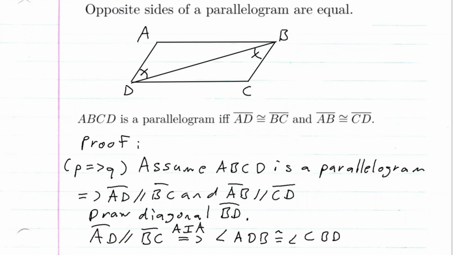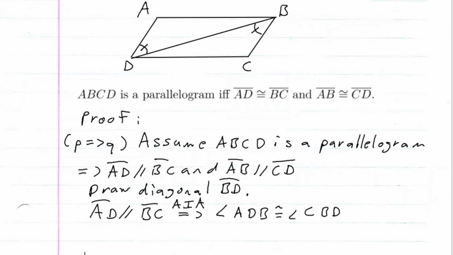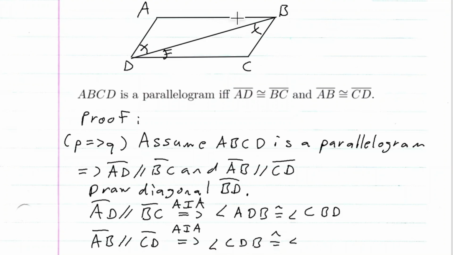And we also know that since AB is parallel to CD, this implies by the alternate interior angle theorem that this angle here, CDB, is congruent to angle ABD, right?